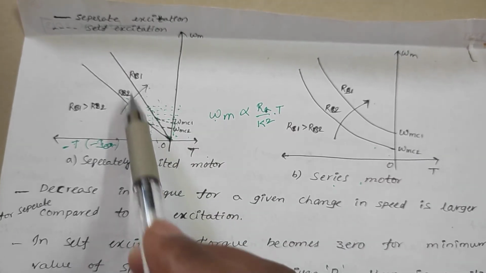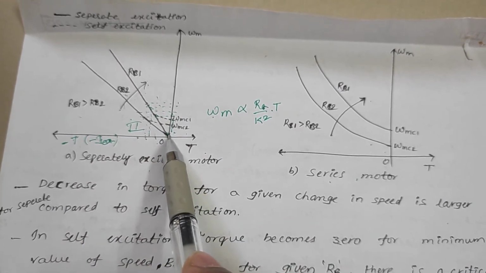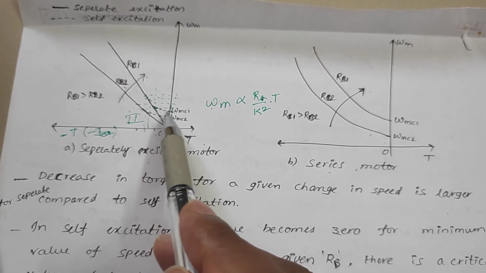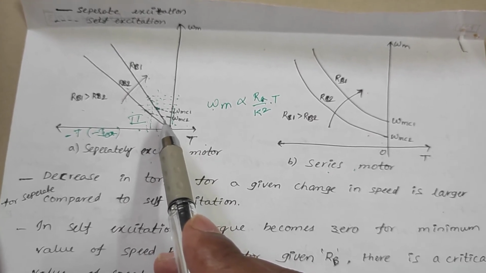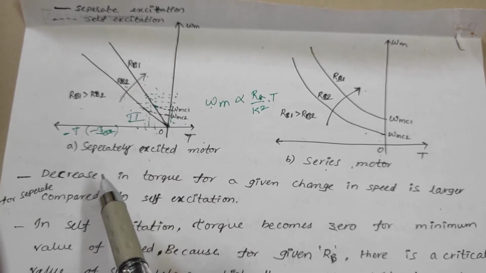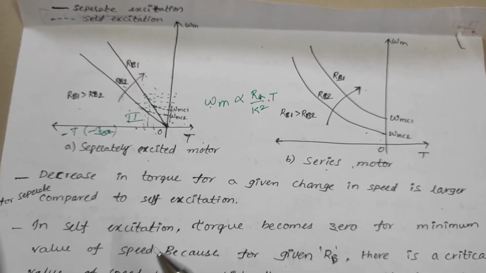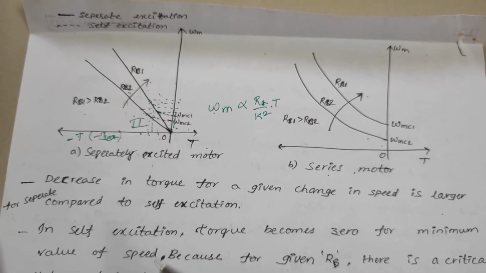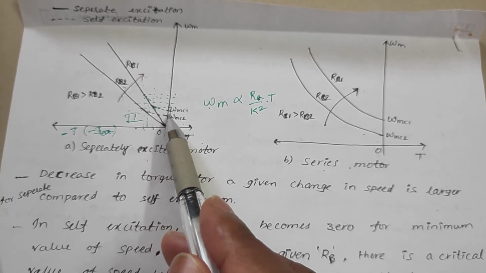And in this you can find two types of characteristics: those with solid lines going to 0 are for the separately excited, and those with dotted lines are for the self excitation. During the self excitation, it needs a minimum speed, a critical speed or cutoff speed, to bring the machine into the self excitation. Below this speed, it will not.